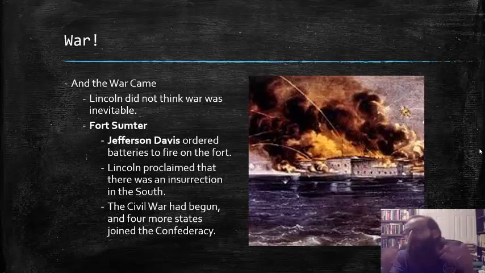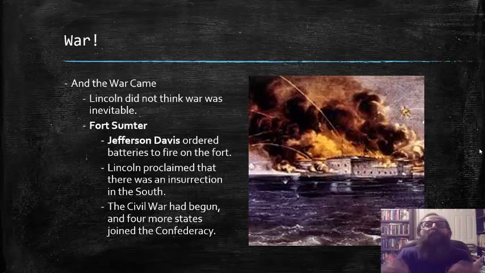And Lincoln essentially sent supply ships to those federal forces at Fort Sumter to try to resupply and reinforce those forces, something that Jefferson Davis, who by this time had been selected as president for the Confederacy, vehemently opposed and told Lincoln that any such attempt to resupply or reinforce Fort Sumter would be seen by the Confederacy as an act of war, and the Confederacy would respond in kind.